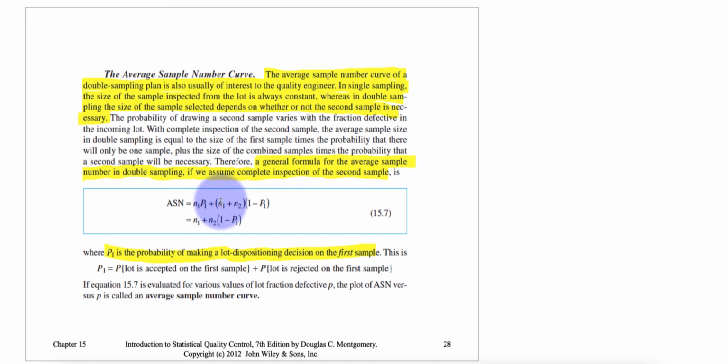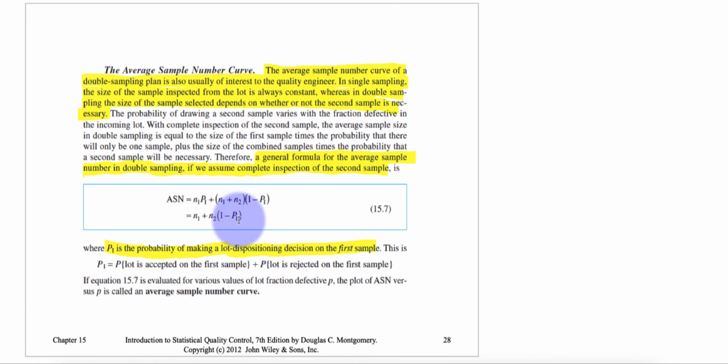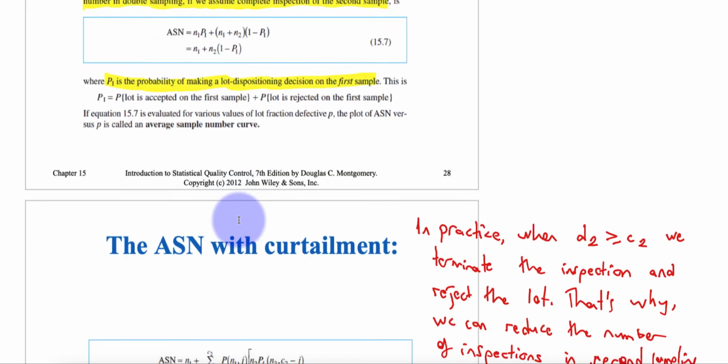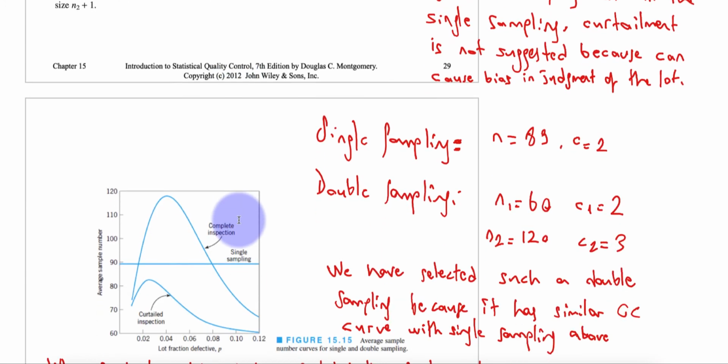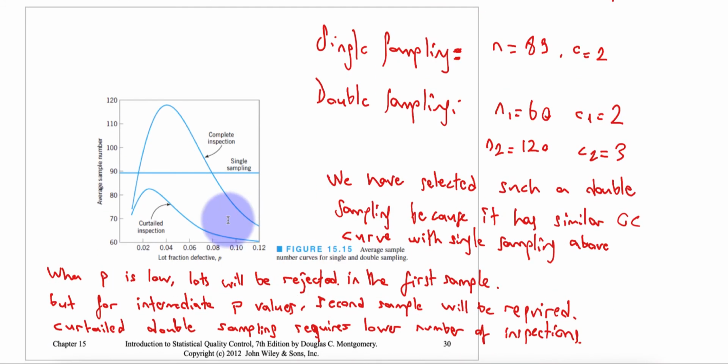And the probability of this event is 1 minus P1, right? So when we simplify it, N1 plus N2 multiplied by 1 minus P1, all right? So we can draw our graph then. This is the ASN graph.